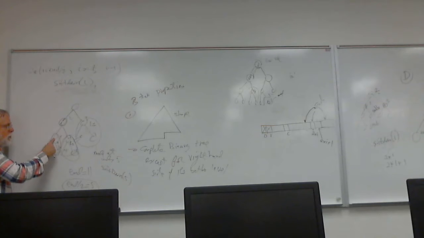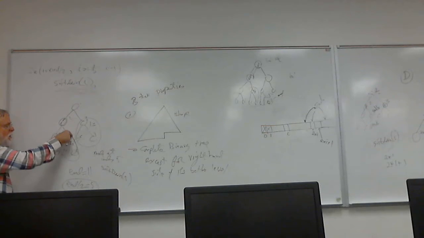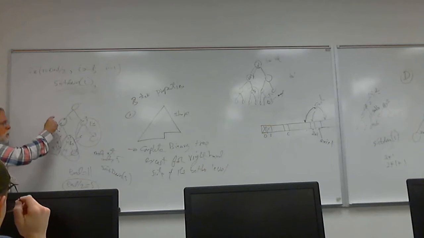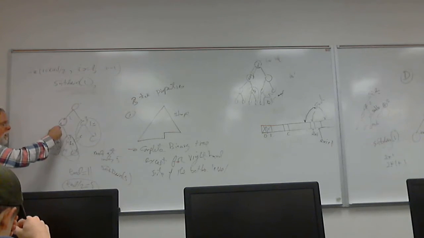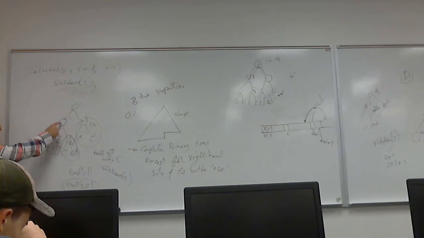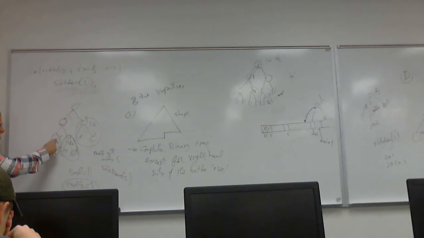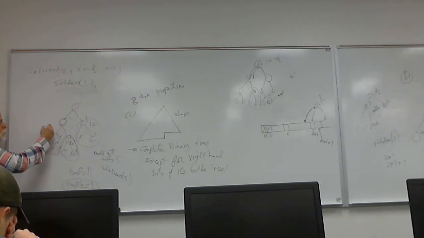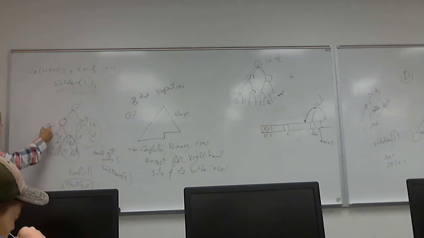So this is already a max heap. This is already a max heap. The only possible bad place is here at 2. That's sift down's forte: you give it a value that might be bad and you might have to swap it down. So it might get swapped here and then here, or it might get swapped over here, then here. So here I might have to do as many as 2 swaps to fix this guy up.